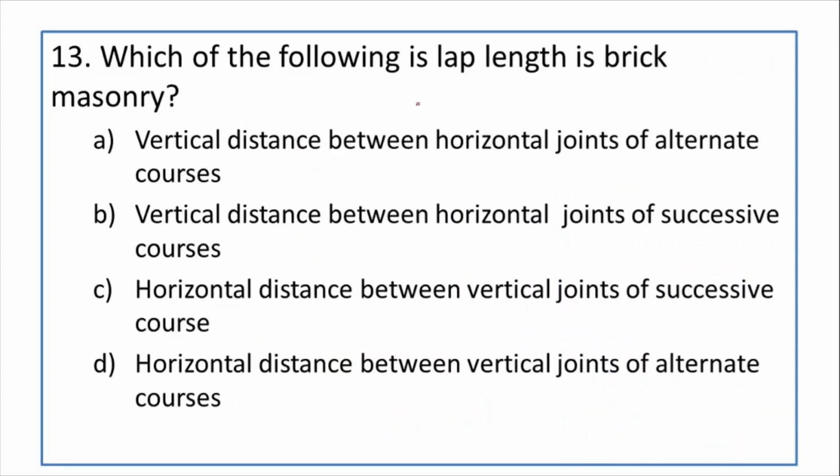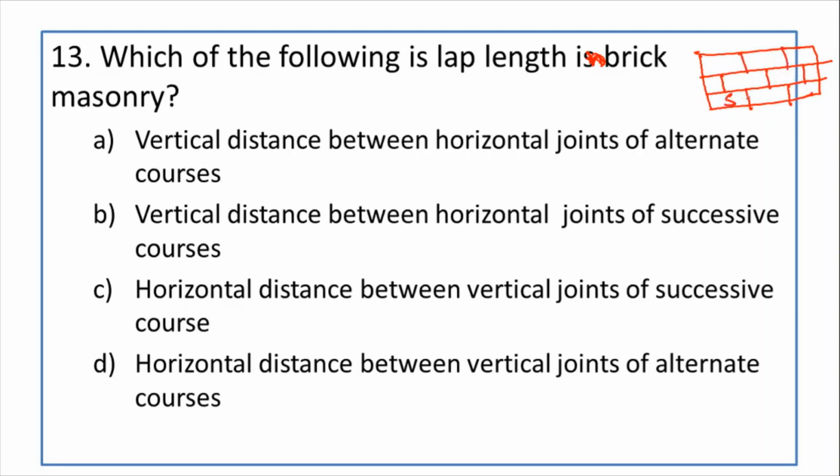Then the next one is, which of the following is lap length in brick masonry? Basically, if you take the masonry like this, we arrange the bricks like this. We never allow the vertical joints of successive courses to meet.